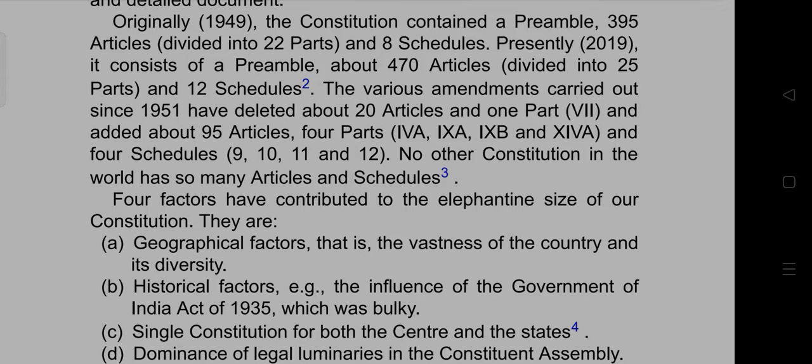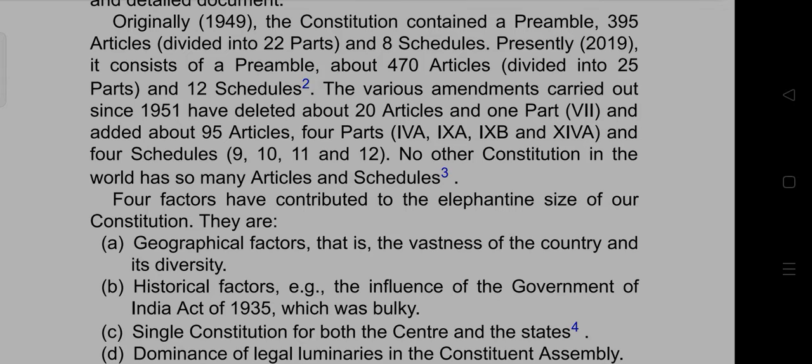Originally, in 1949, the Constitution contained a preamble, 395 articles, divided into 22 parts and 8 schedules. Presently, as of 2019, it consists of the preamble, about 470 articles, divided into 25 parts and 12 schedules.